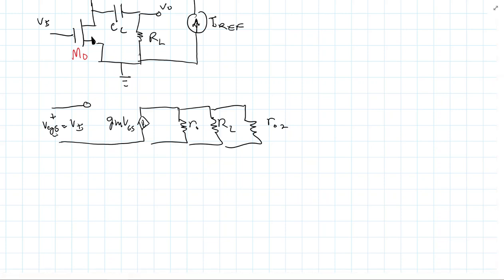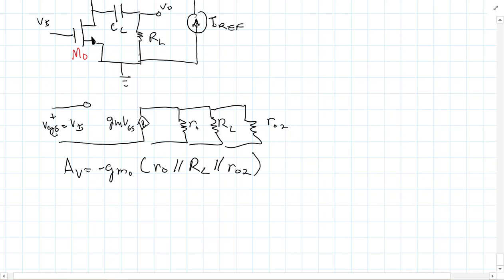But the reason I just did an ugly, rough sketch is that we should see this is going to be exactly the bipolar case that we had here, except we're dealing with MOSFETs. And so we're going to get here that my voltage gain is simply, and I'm going to emphasize that this gm is on the output MOSFET, times RO in parallel with RL in parallel with RO2, which is the exact same equation that we got for bipolar. But we really shouldn't be surprised by that. And the reason we shouldn't be surprised by it is because that's what we did when we were looking at it with all the resistors as well.